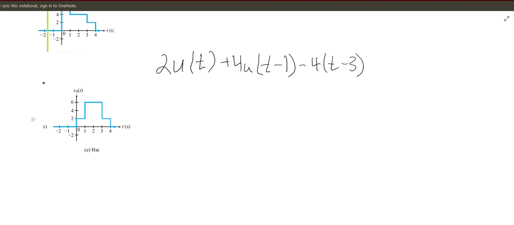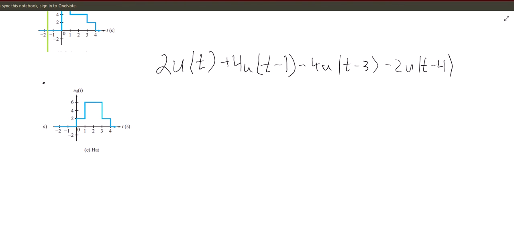And then our last change occurs at 4, and at 4 it's going down 2, so minus 2u of t minus 4.